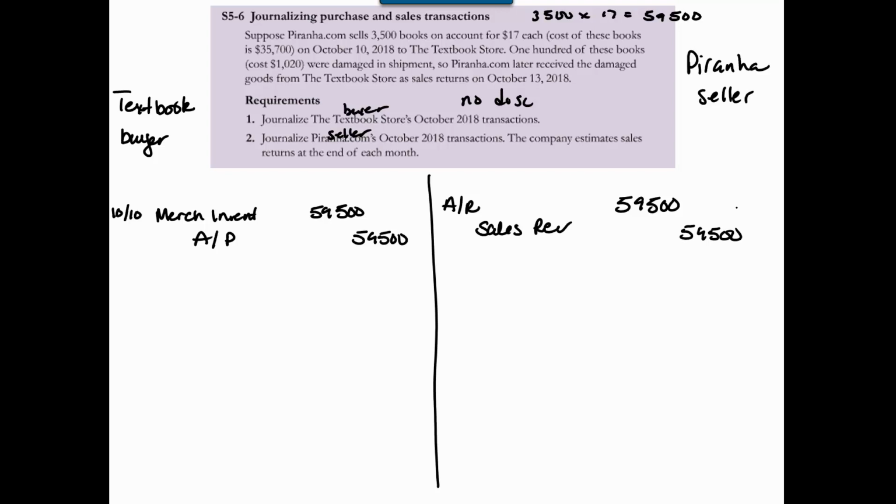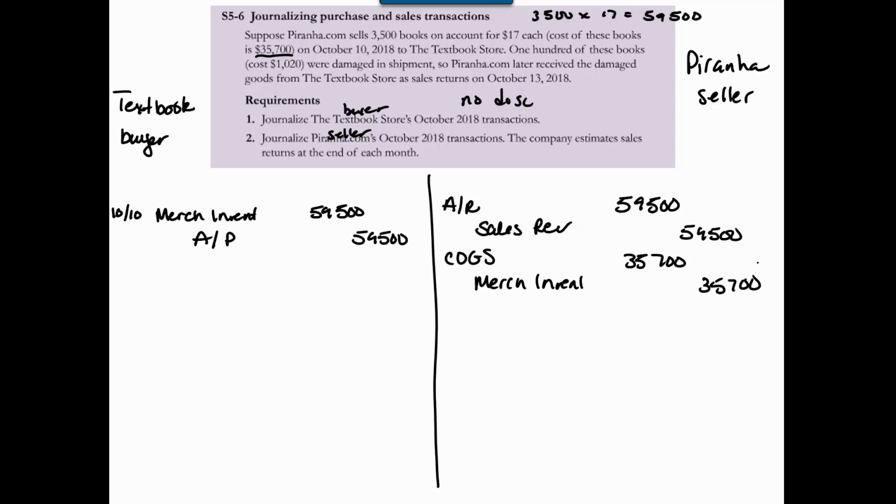And then they have to do the second part of the transaction. So I debit cost of goods sold, and right here they tell you that was $35,700. And then they need to credit merchandise inventory because they don't have it anymore. So we reduce that asset with the credit.